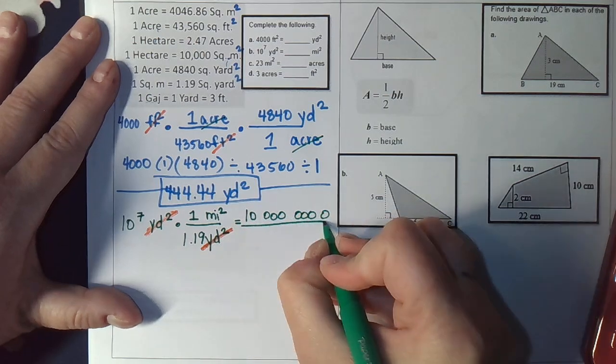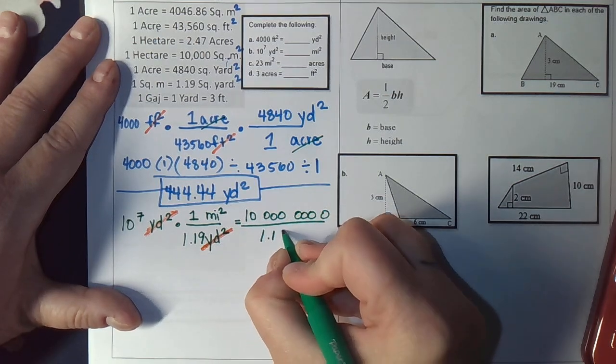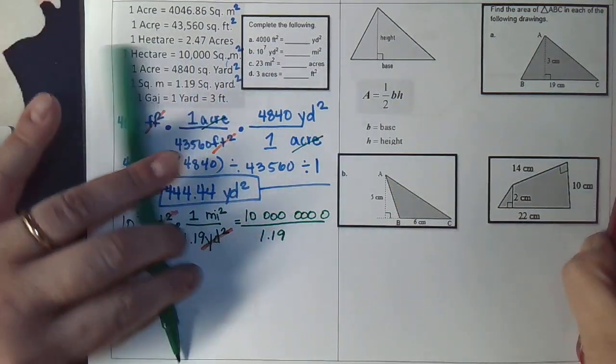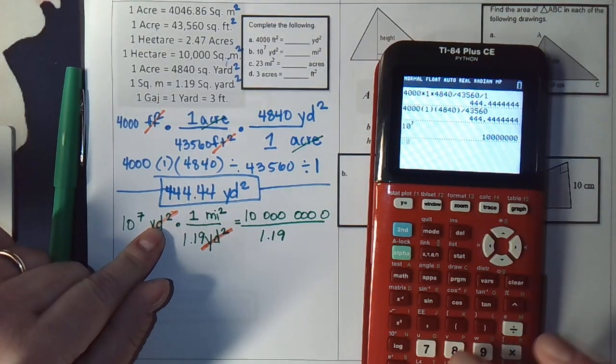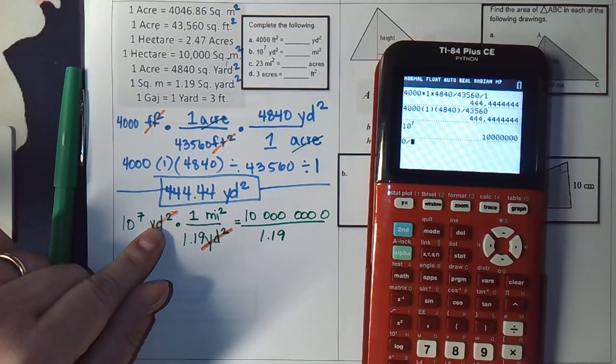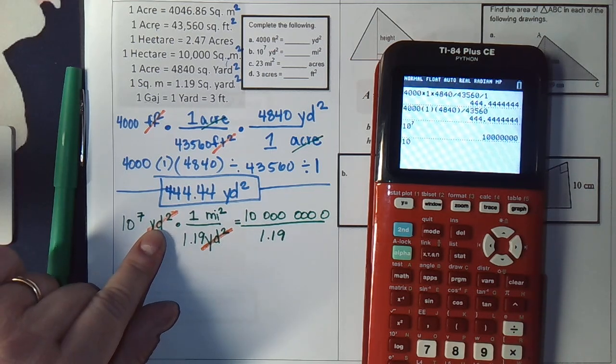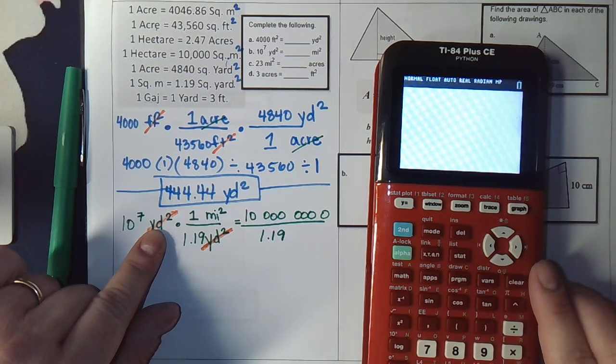Over 1.19. So if you were wondering what that 10 to the 7th is, it's 10 with 7 zeros after it.